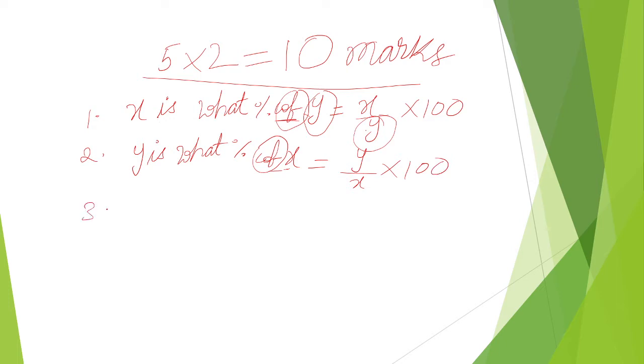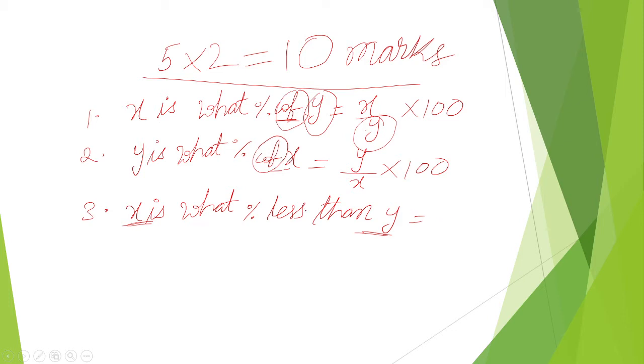Next, the third formula: x is what percentage less than y? That means here x is less than y. We can easily observe from the statement that x is something less than y, and it is asking what percent less than y.